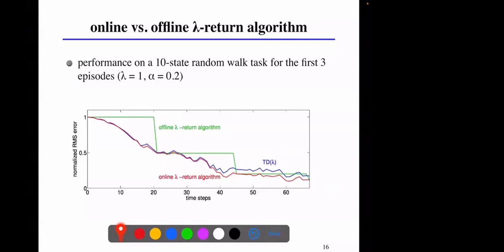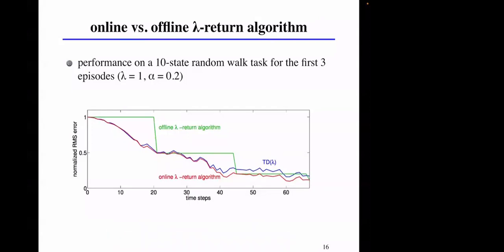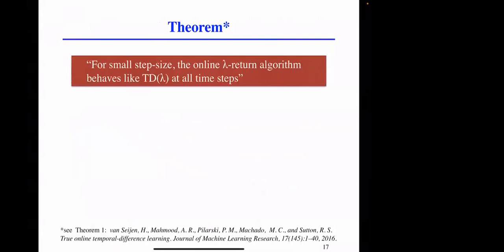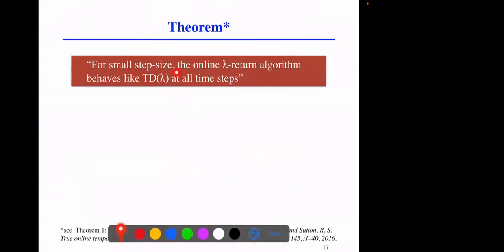So the next thing is that we want to have exact equivalence. We extended the theorem, and we said that for small step size, the online Lambda return algorithm behaves like TD Lambda at all time steps. Which is great, but now we want to get rid of the dependence on the small step size. We just want the equivalence to hold always.